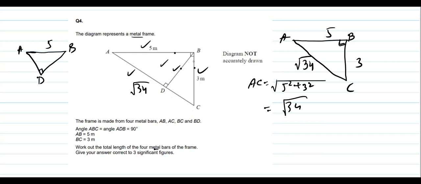What if I utilize this one? Still it is four metal bars. In this triangle, what is the problem? If you write the answer, it will come in decimal, and then rounding affects the final answer. I know I have to use it later, so I do not simplify. Keep it as it is.